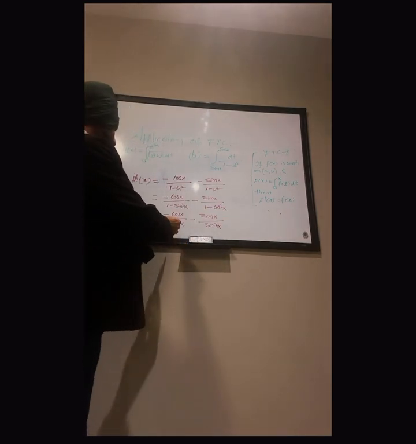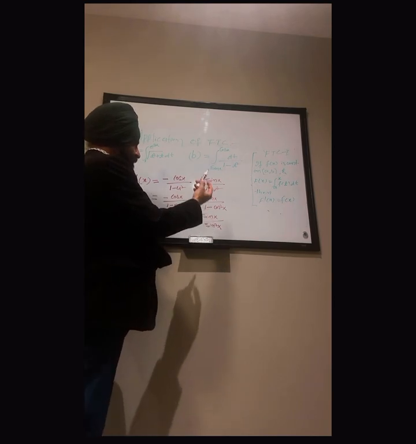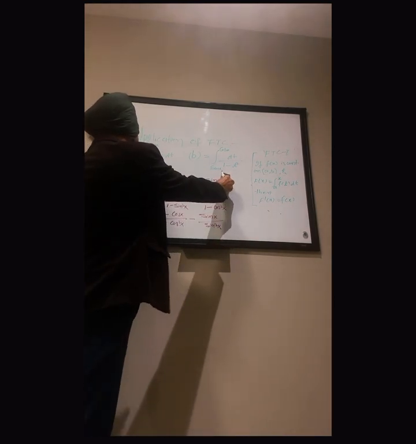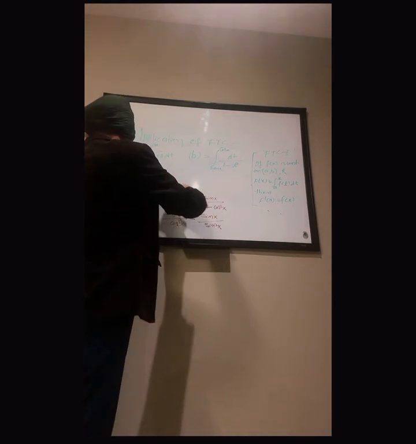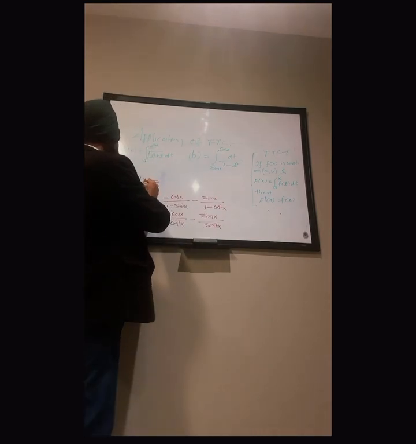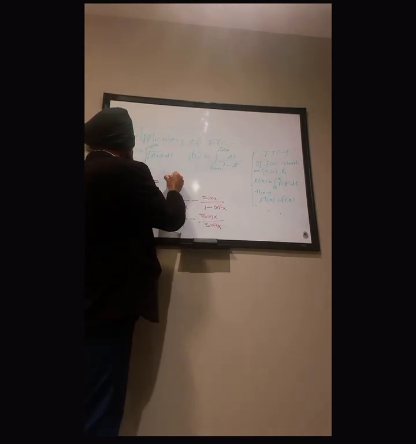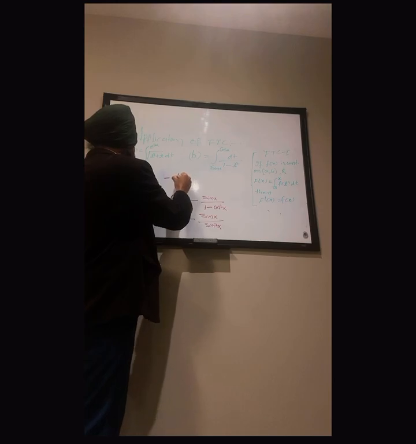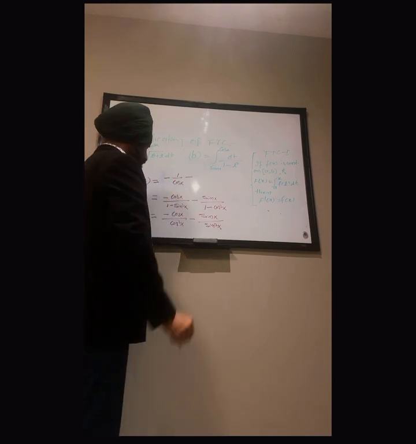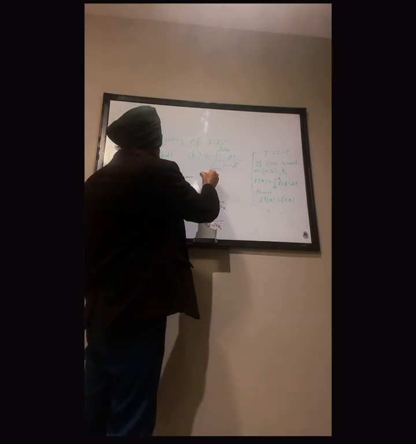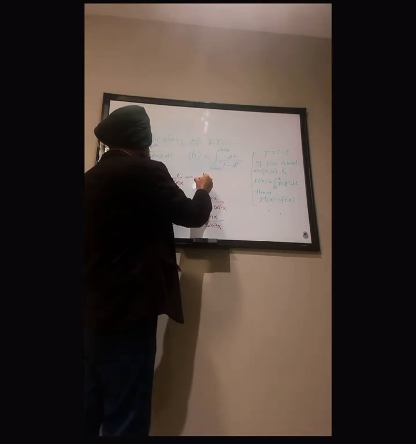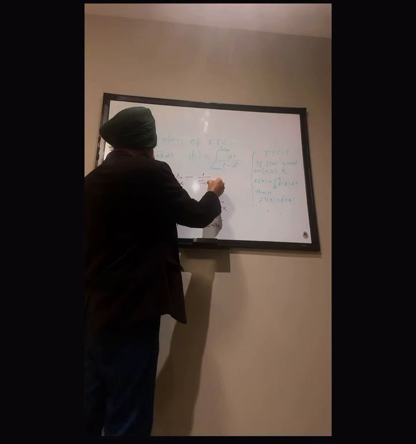Now, one cos cancels, here one sin cancels. What do we get? R dash x equals negative 1 upon cos x minus 1 upon sin x.